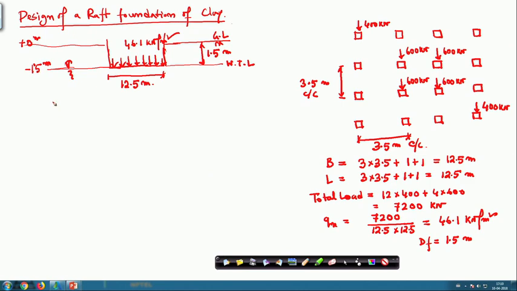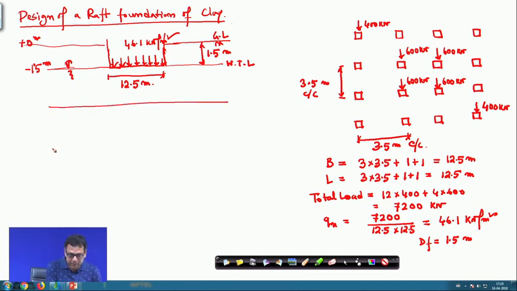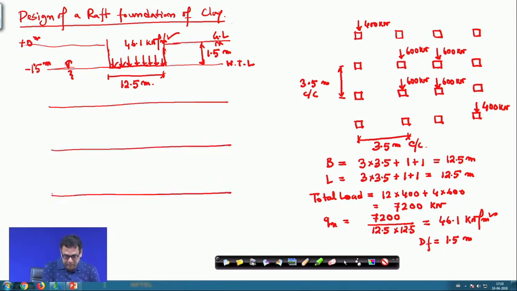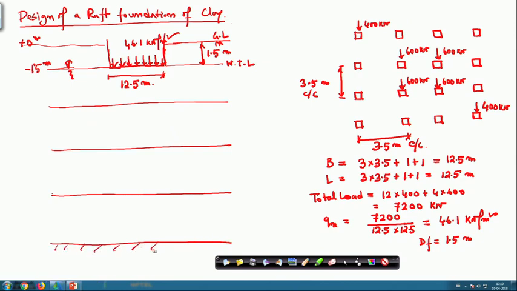So, now the soil has 4 layers. This is the first layer, second layer, third layer and the fourth layer. After that is a rigid bed, and as I mentioned, for the rigid bed there will be no settlement. So, this is the rigid bed or the rock bed.